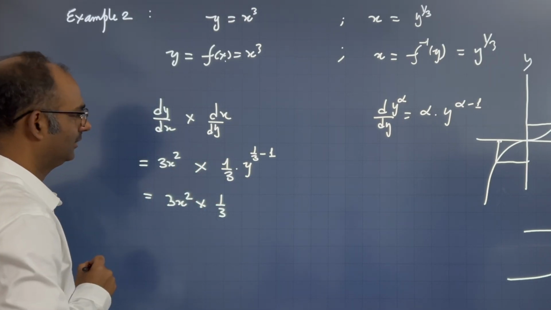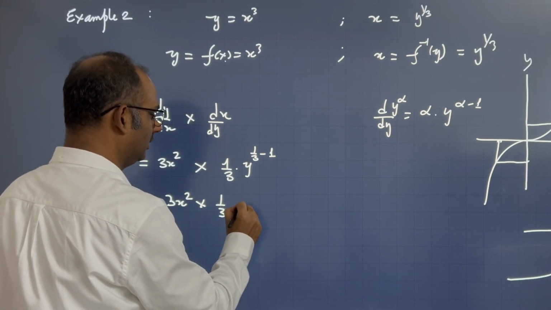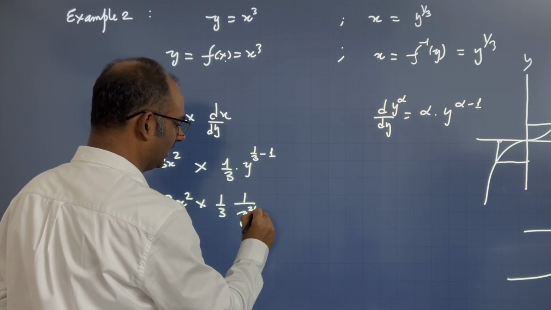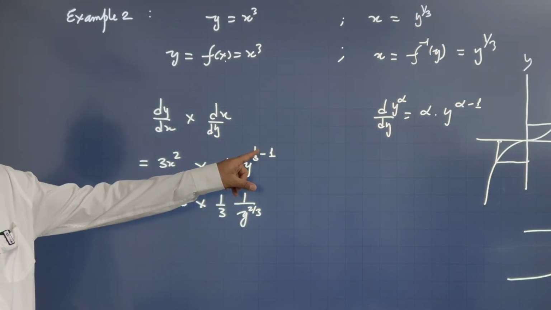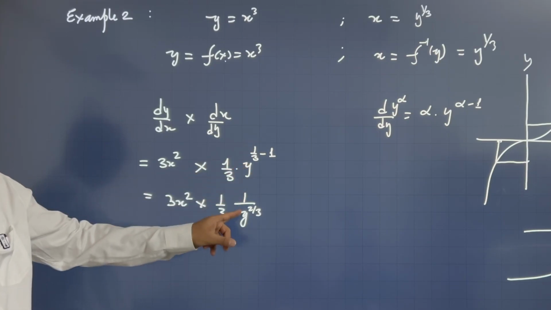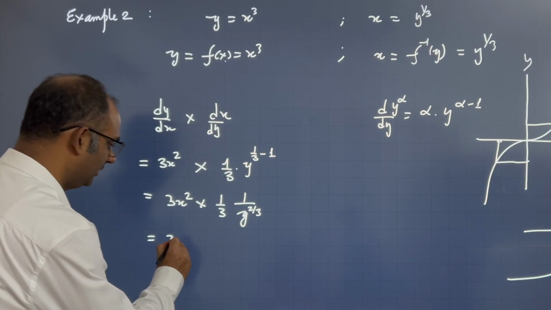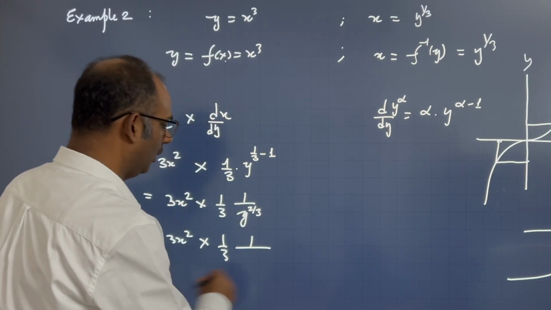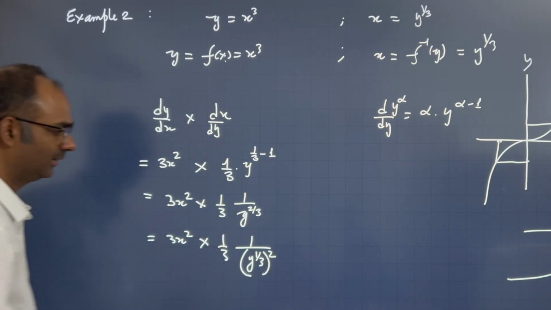So this is what? Y to the minus 2 over 3, but that is 1 over y to the 2 over 3. This is 3x square times 1/3 of y power 1 over 3 square, right?